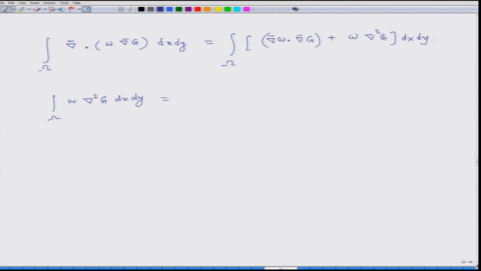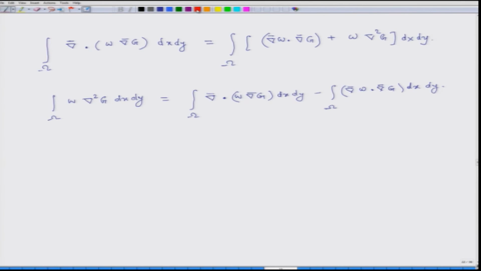So, I am going to rearrange this: the integral of w times grad square of g dx dy over omega equals this term, dx dy, minus the inner product of gradients of w and g, dx dy.